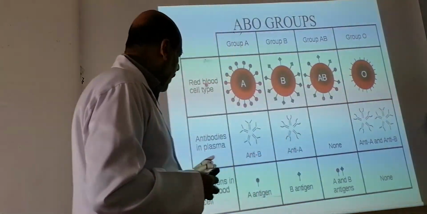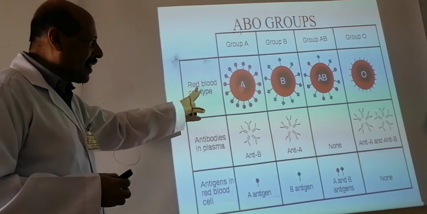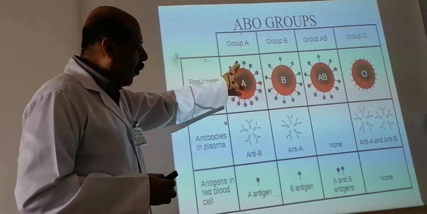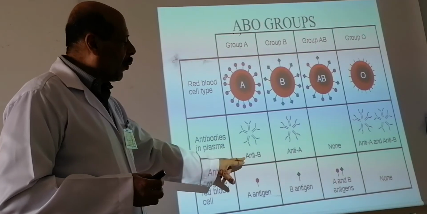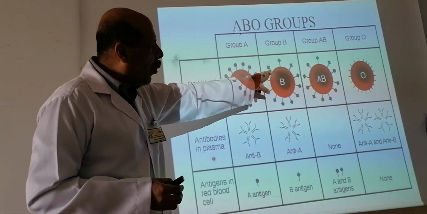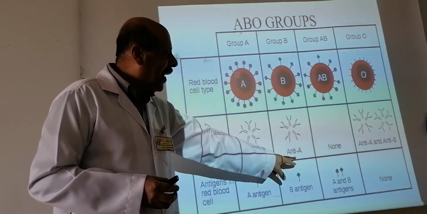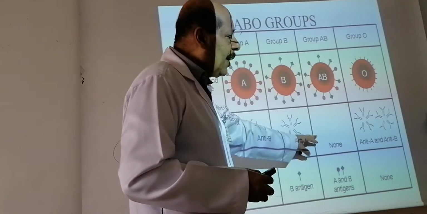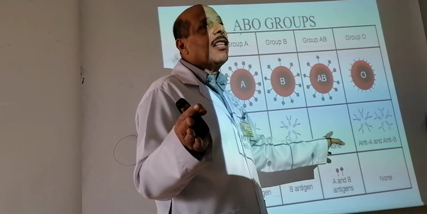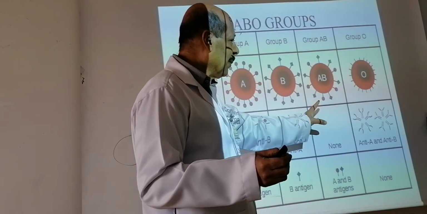So the antibodies in the plasma: group A has antibody B, and group B has antibody A. The AB doesn't have antibodies in the plasma.